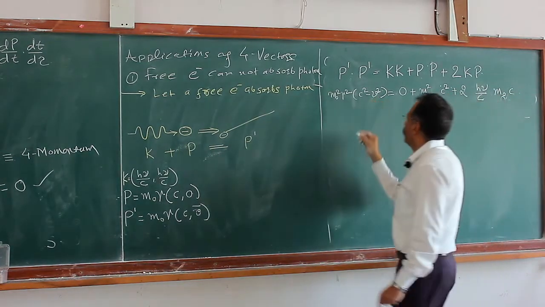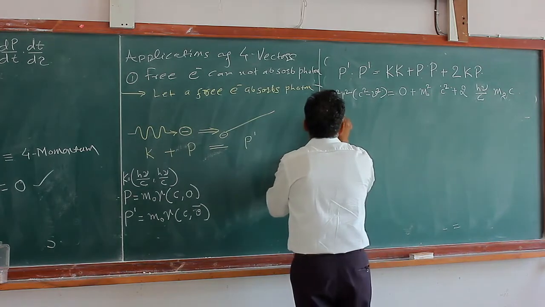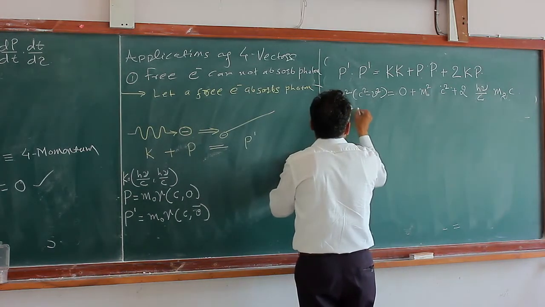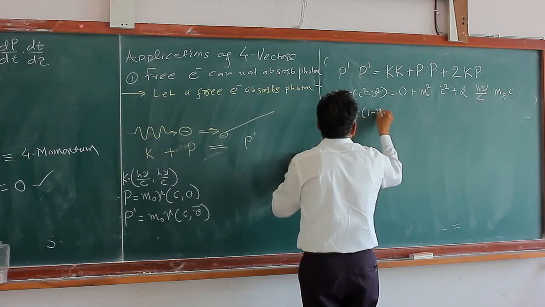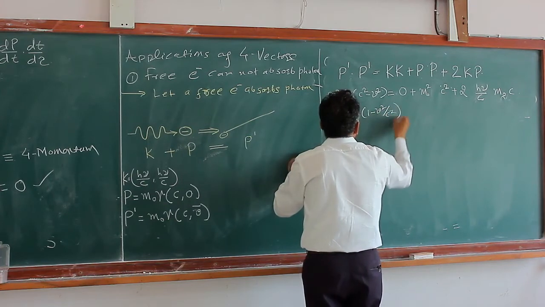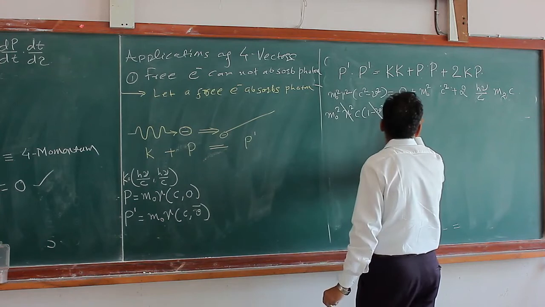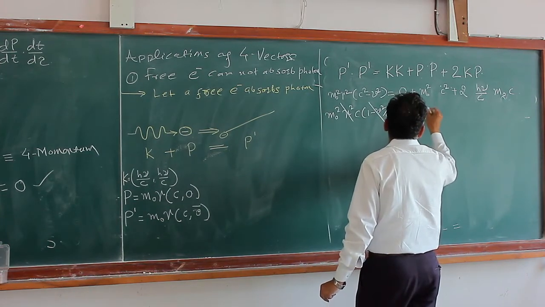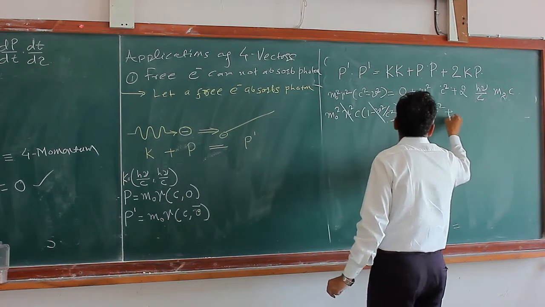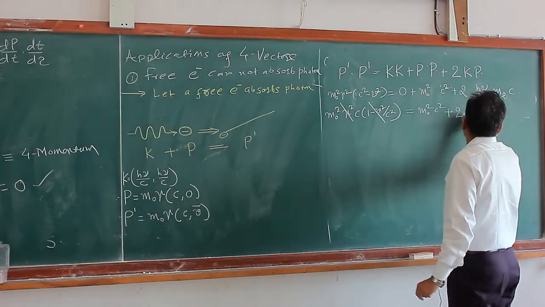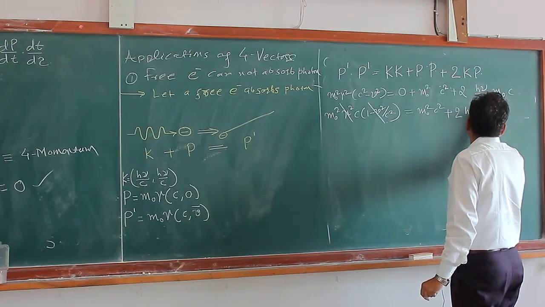Now here we can take c square common, m0 square gamma square c square, 1 minus v square by c square. So this quantity is cancelled, we have seen in earlier cases also. That is equal to m0 square c square plus 2 times h nu m0.